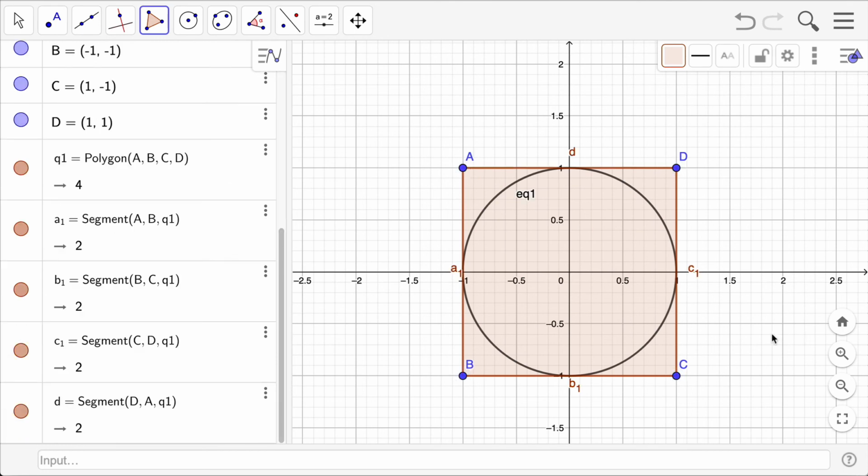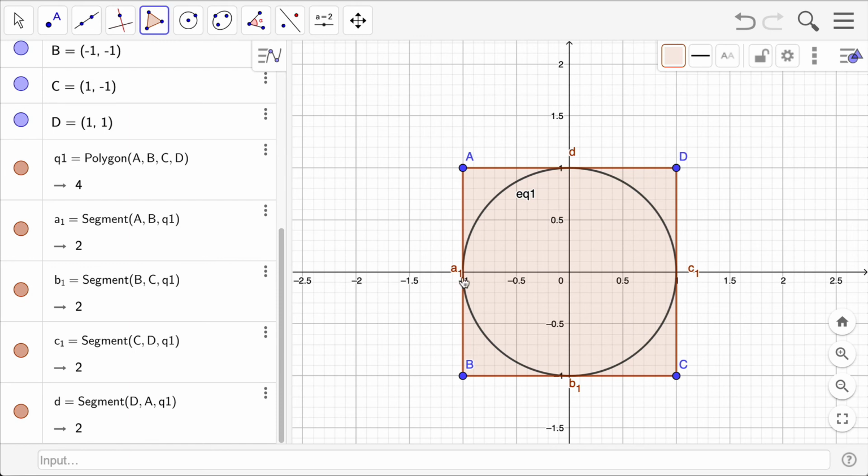So that's a square with side lengths 2, from 0 to 1. And so it's at most an area of 4.